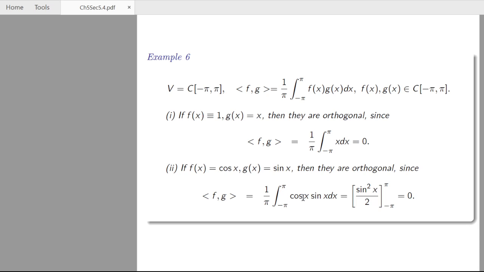You can easily show the antiderivative in this case equals sine square x over 2. We should put 1 over pi in the front, but no matter what, this value equals 0. So in this case, the two functions are orthogonal based on this inner product.